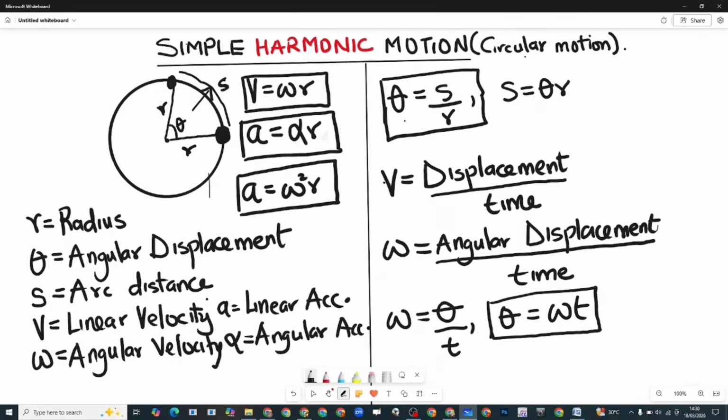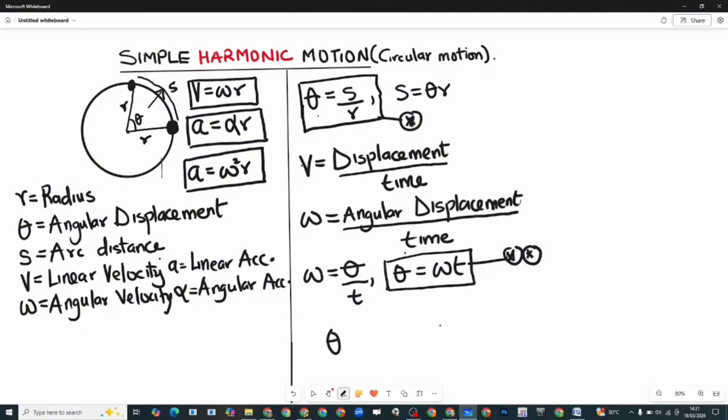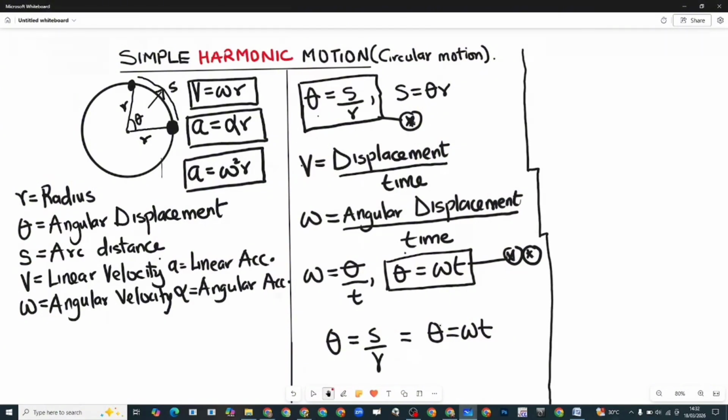If I equate equation 1 and equation 2 together, I'm going to have theta equal to s over r equal to omega t. So s over r equals omega t.